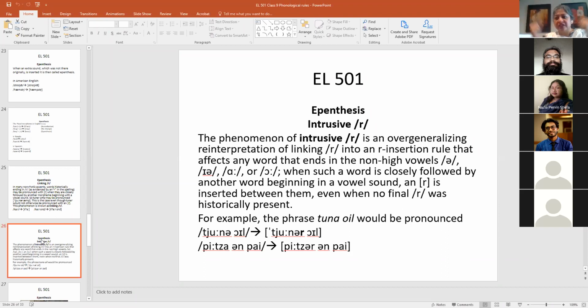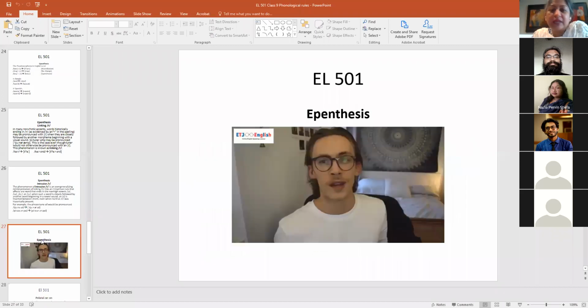They overgeneralize that rule of linking R and they insert an R here. So tuna-r oil, pizza-r and pie, instead of saying pizza and pie. If you ask them to say the word separately, they will say tuna and oil, pizza and pie. But in connected, fast speech, they will say tuna-r oil or pizza-r and pie. Now what I'm going to do is play this video for you.